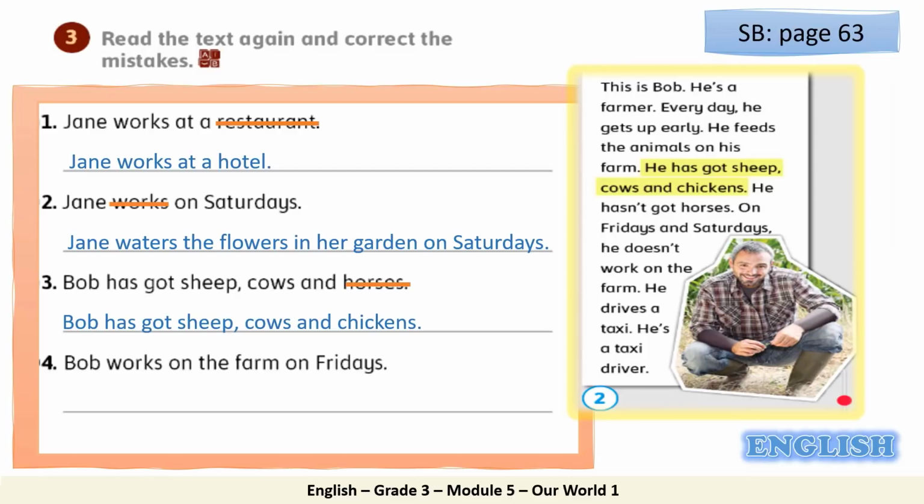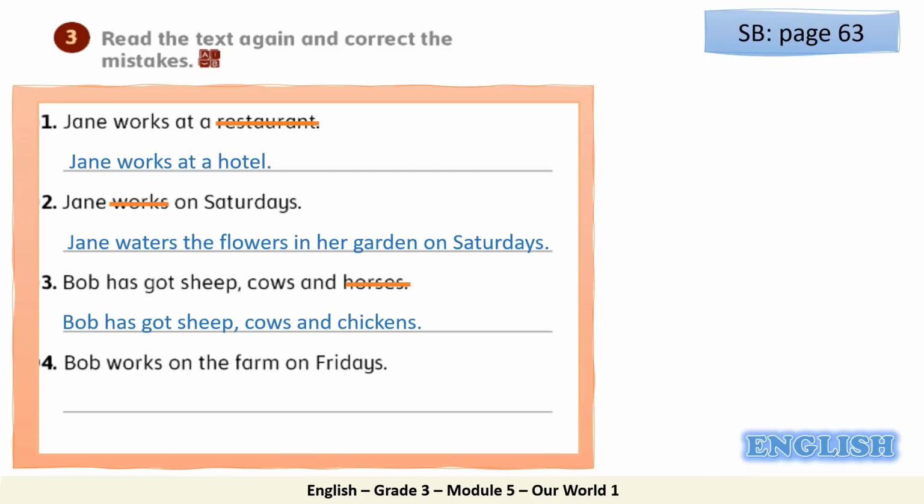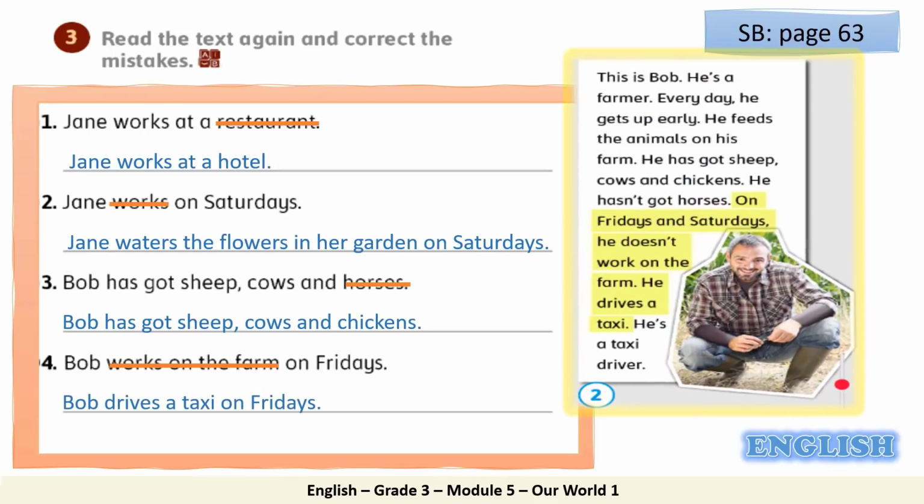Number 4. Bob works on the farm on Fridays. What's incorrect here? Excellent! Bob doesn't work on the farm on Fridays. He drives a taxi. Well done, my dear students.